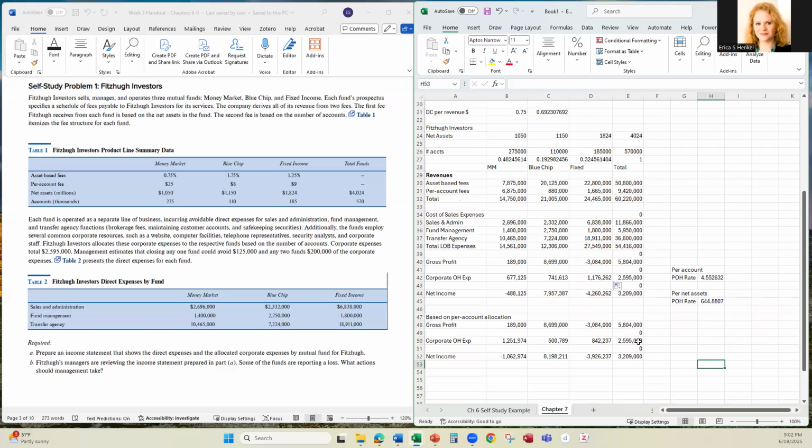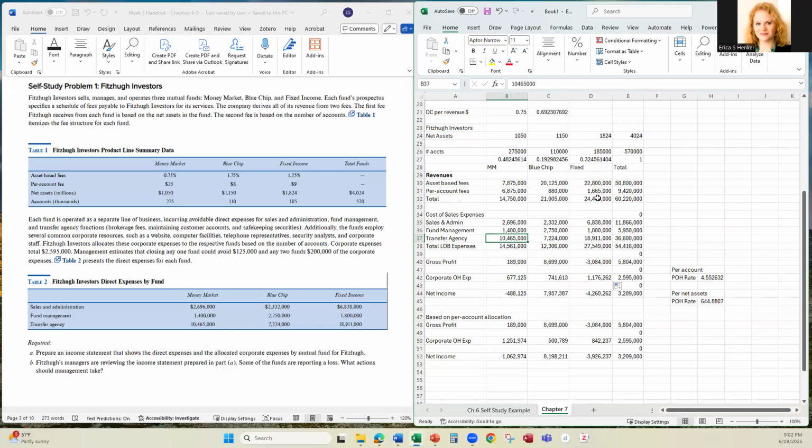So I would actually look back at how these sales and administration costs are allocated up here. We see kind of a big difference here from the transfer agency. They just gave us those, the transfer agency ones. It doesn't say how those are allocated, but I think they need to consider how they're allocating these costs up here more closely because of the amount of revenue that they're generating: the fixed ones generate the most and the blue chips the next.